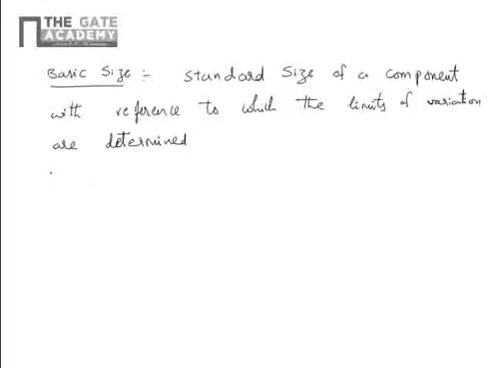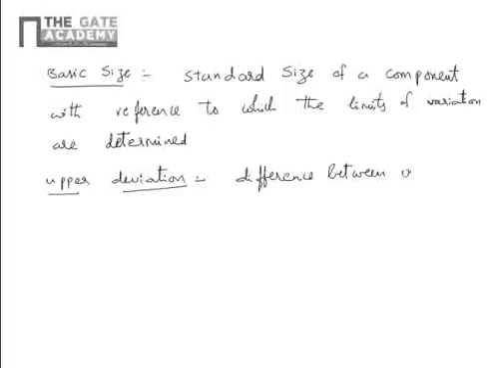As we discussed in deviation, there is upper deviation and lower deviation. What is upper deviation? Upper deviation is the difference between upper limit and basic size.